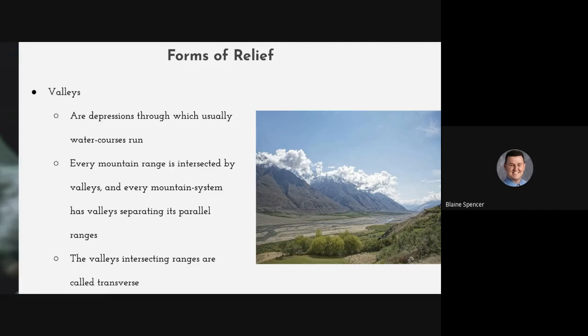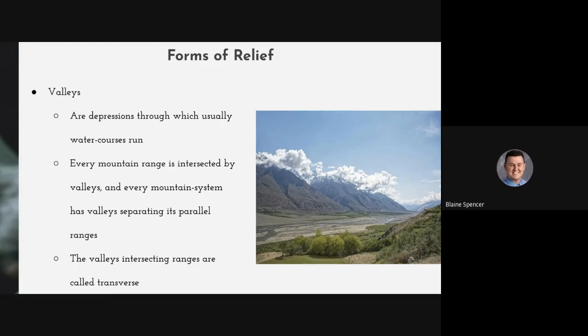And within every mountain system, these valleys are going to be separating its parallel ranges. Okay, so a mountain range is one type of mountain area, like the Rockies. And then on the other side, if there's a mountain range that is running right beside it, there's that valley that's separating it.